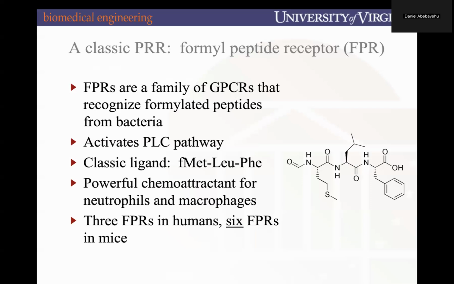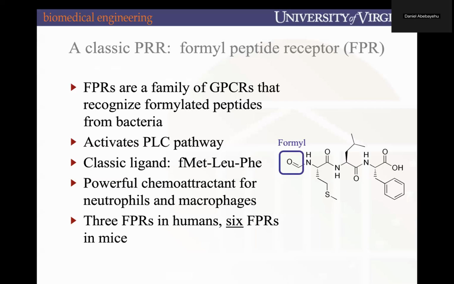However, this is one instance where mice have more diversity than we do when it comes to encoding the FPR. The main reason is that mice are exposed to far more bacteria than we are. So it is evolutionarily advantageous for mice to have more receptors that recognize and attack bacteria, because they're simply exposed to a lot more than we are. At least they should be, by and large.